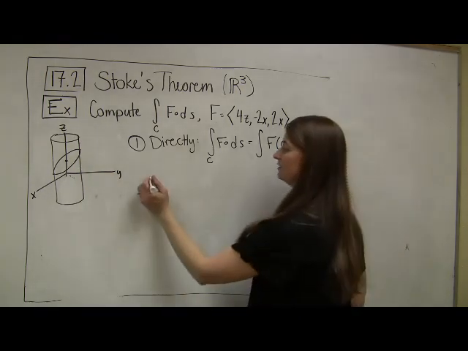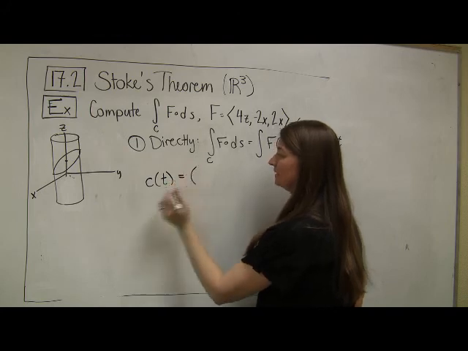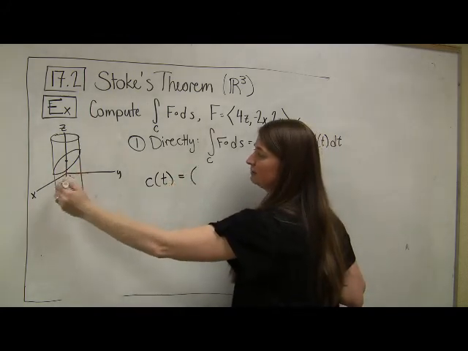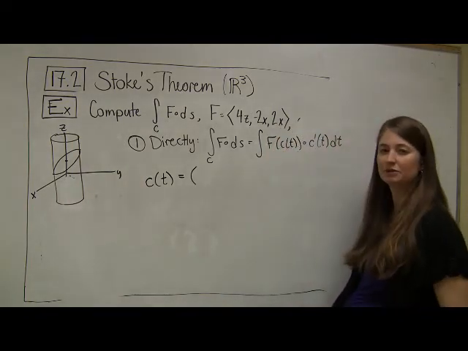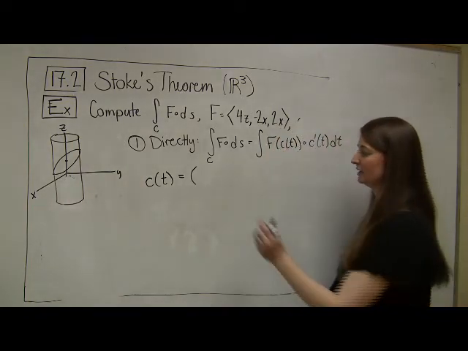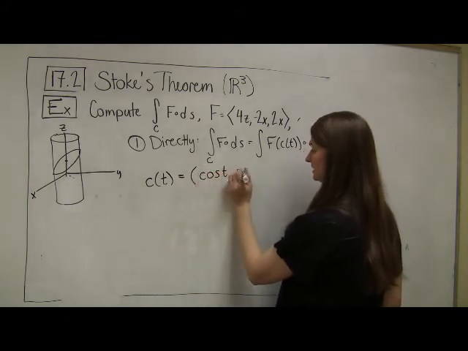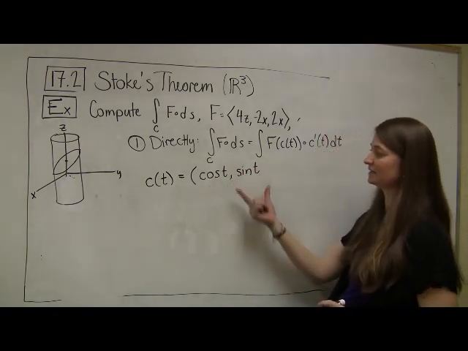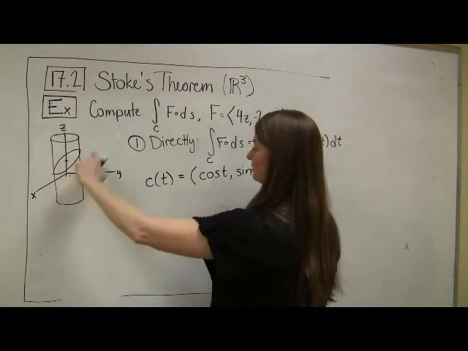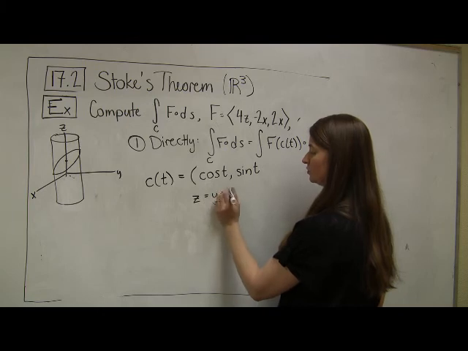So let's come up with our c of t. C of t in this case is going to be a path. It goes in a circle in the xy plane, and then it has this changing height. What is our favorite parameterization of a circular path? It's going to be cosine t, sine t. This gives us our circle in the xy plane, but it doesn't give us this variable height. How do we get the variable height? We have to recall the fact that it's the intersection of when z equals y plus 1.